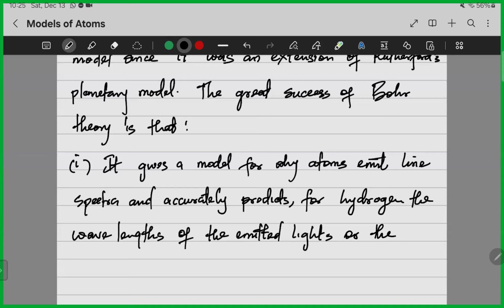So it predicts the wavelength and the frequencies accurately. First of all, it gives a model for why atoms emit line spectra and predicts the wavelength or the frequency of the lines in the hydrogen spectrum.